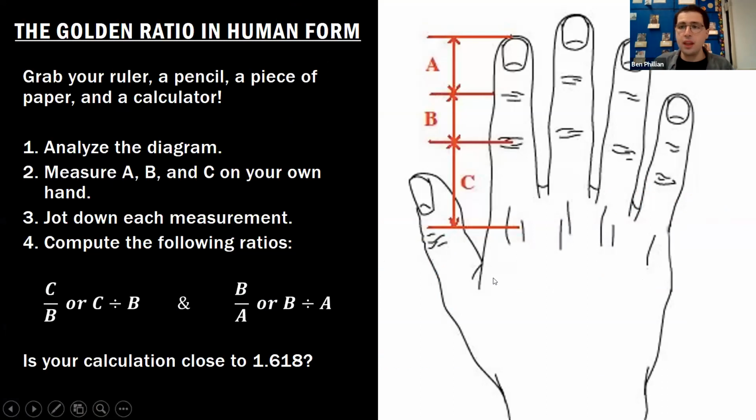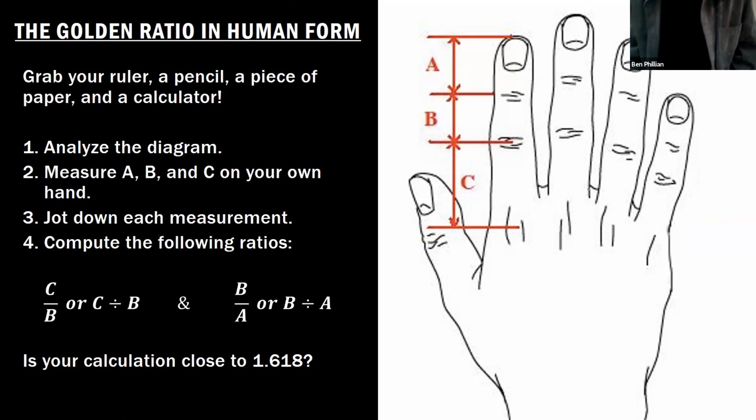And actually, if you want to test it out, I have here what's called the golden ratio in human form. You take your hand, either your left or your right, and a ruler. And where's my ruler? That would be important to have right now, excuse me.